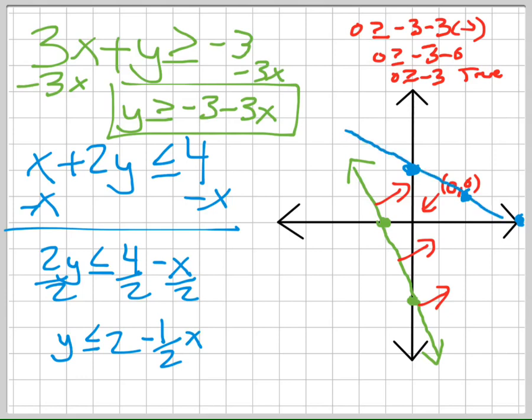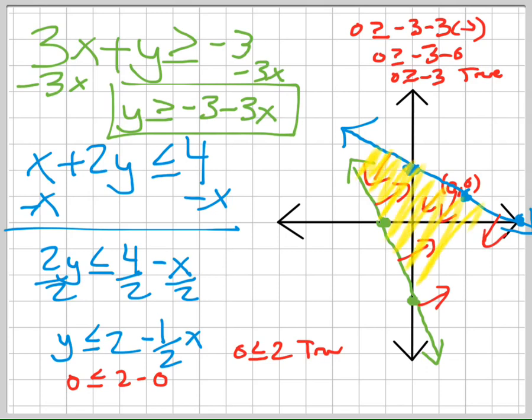And it'll be solid through that. Let's test our test point here. That says 0 less than or equal to 2, which is true. I want to be on this side of that line, so the shaded region, or the common area, is right there.